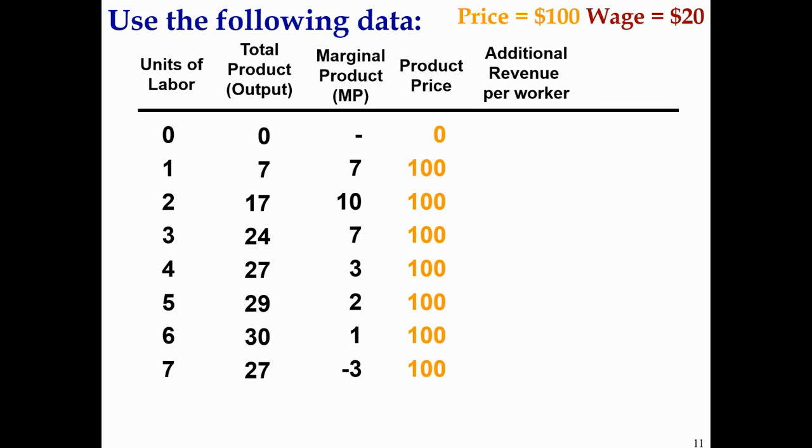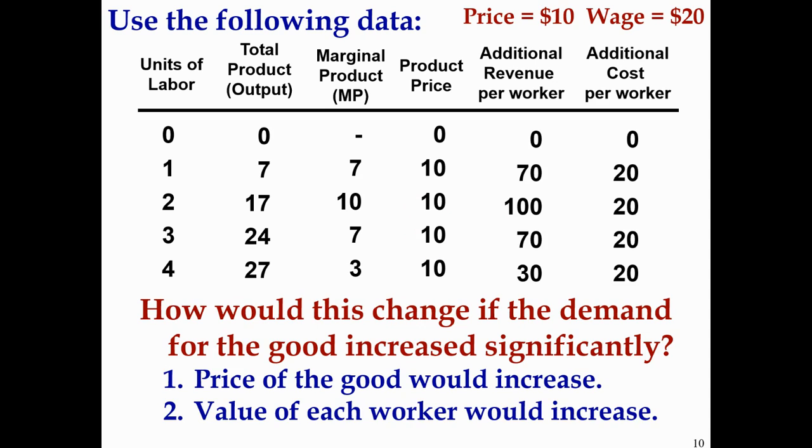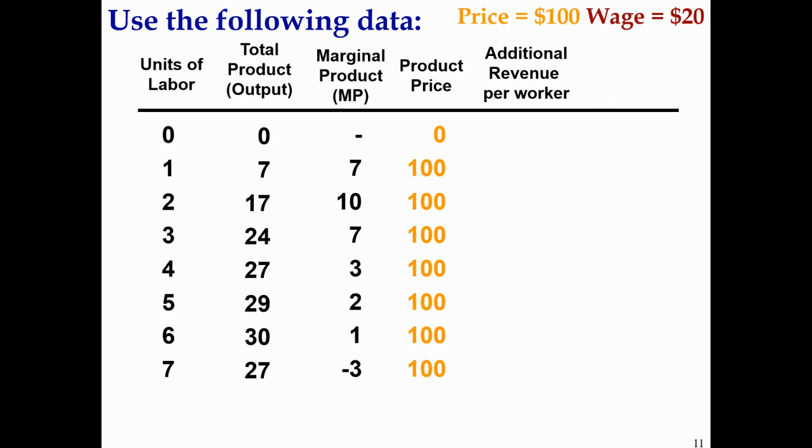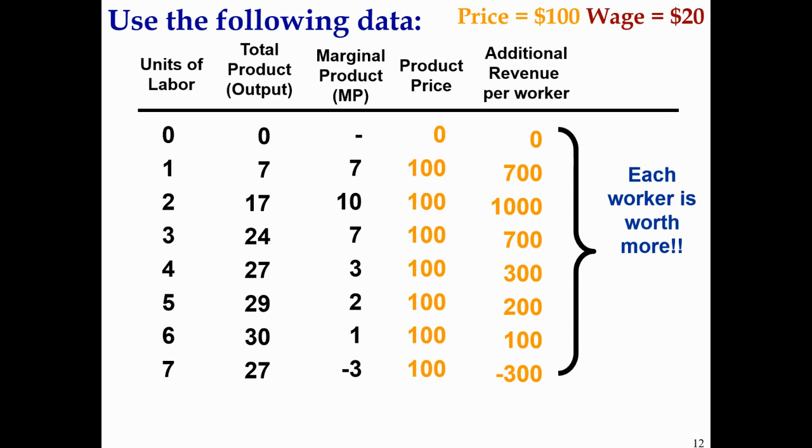Remember the price was 10 here. If my price increases to 100, look at my additional revenue per worker now. My marginal product is the same, but my additional revenue per worker is different. Look here, each worker is worth more, right?